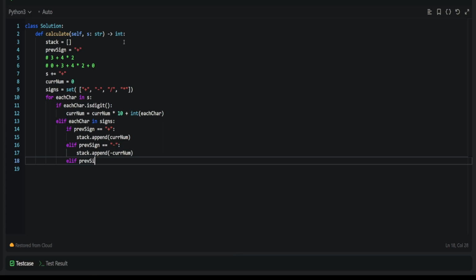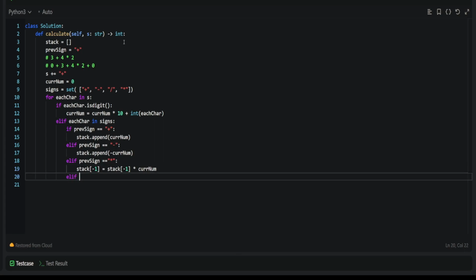If it's multiplication, we get the most recent stack value and modify it to be the multiplication of the current number.